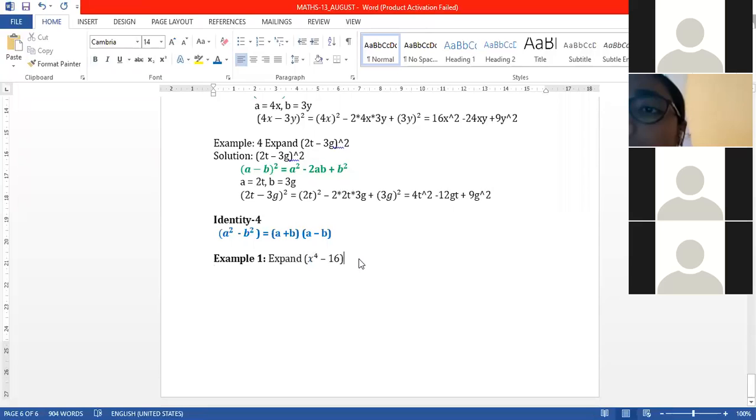How to solve this question? Concentrate, everyone. Stop writing, everyone. I have given the question x power 4 minus 16. It is looking like a square minus b square. Now 16 I can write as 4 square, (4) whole square. x power 4 I can write as (x square) whole square.